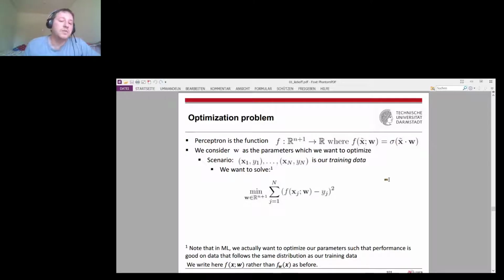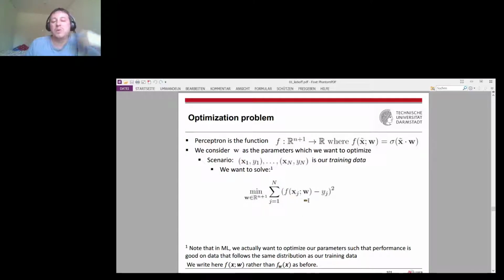What we want to solve then is to choose our weight vector w, which lies in R^(n+1), such that we minimize the sum of squared distances. Our network outputs something given the input x_j, where j ranges from 1 to n.